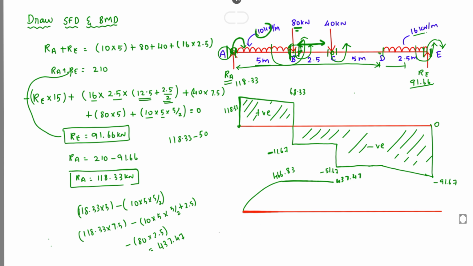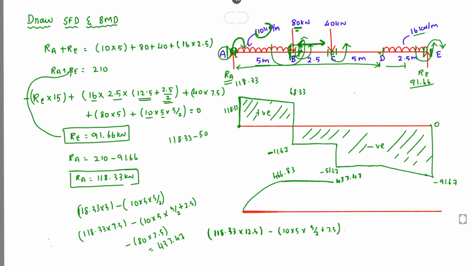Okay, next thing is we can take the point D. For point D, we can take the reaction 118.33 into the total distance. D distance is 12.5, so 12.5. This is a positive force. Again minus, the anti-clockwise force is 10 into 5 into distance by 2, that is 5 by 2 plus 7.5.